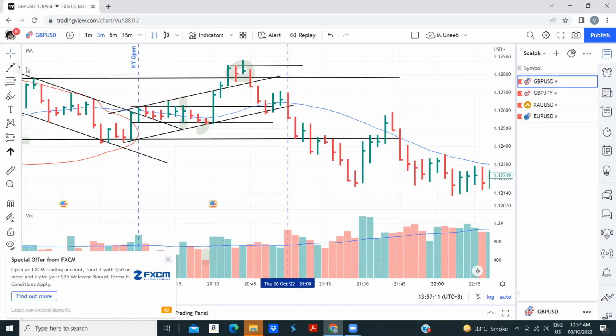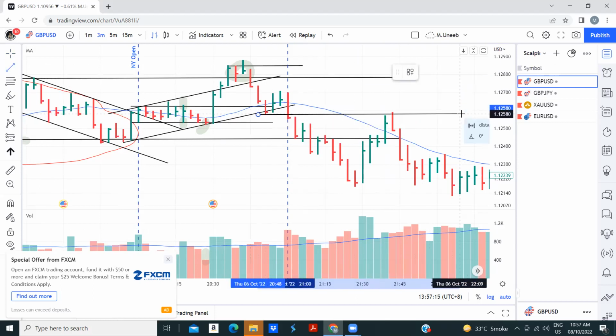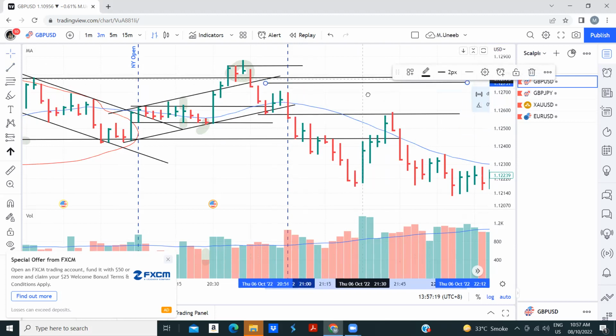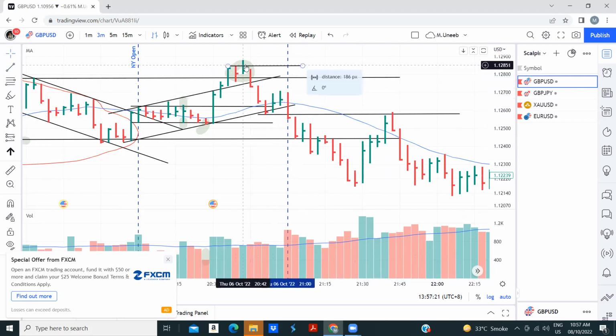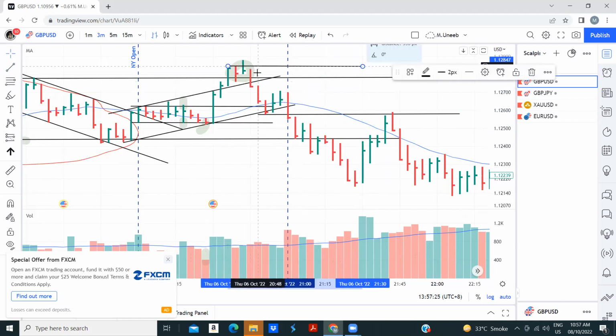And if I just mark this line here, because I also have this line here, now you'll see how it makes sense here. Because if this is our major point here, where this becomes the overbought, and this would be what? Our major AR, and then the price just fell down.